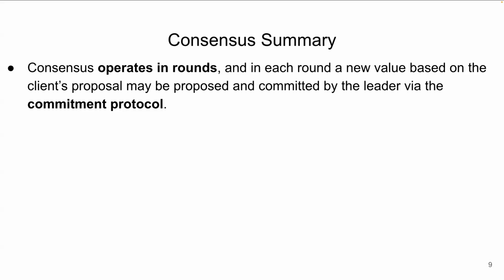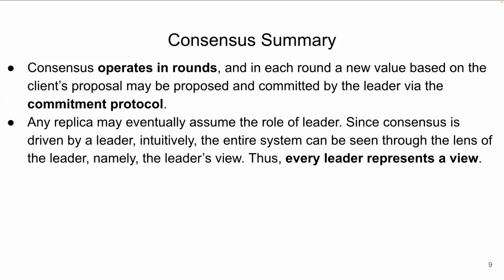So just to recap, consensus operates in rounds, and that simplifies it. In each round, a new value, a new client message, is proposed by the primary and gets committed with the commitment protocol. And since I am the primary and I say what's the next transaction, in a sense, everybody is converging into my view, because this is my view, these are the transactions I see, and everybody agrees on my view.